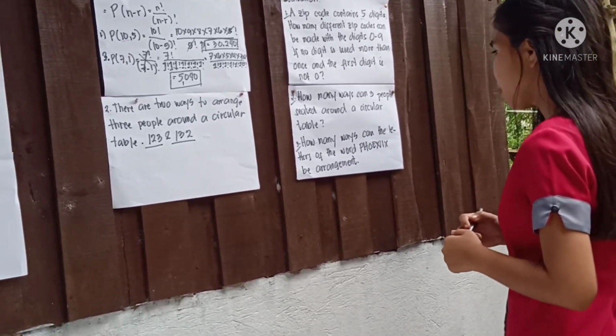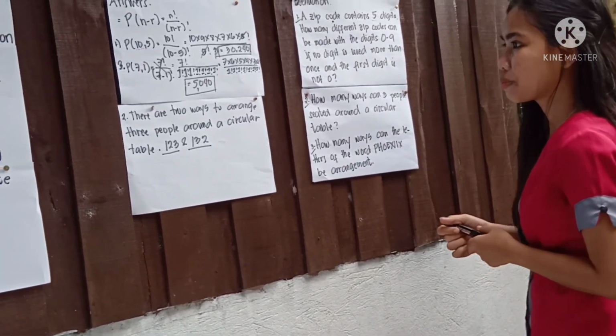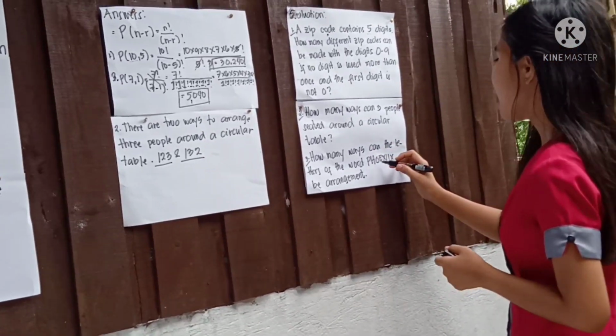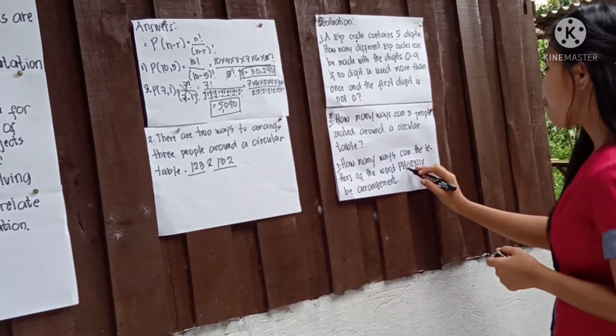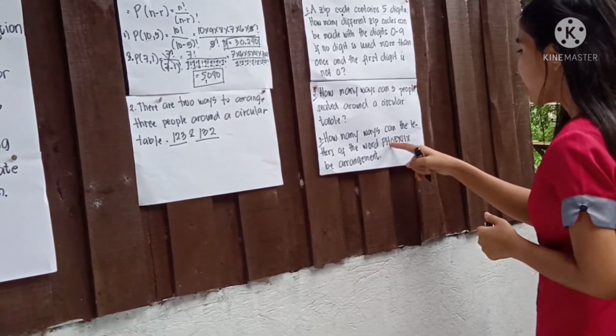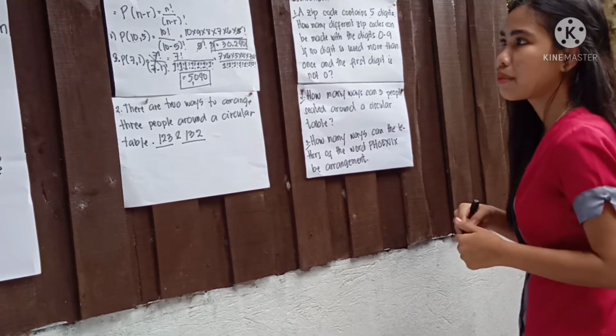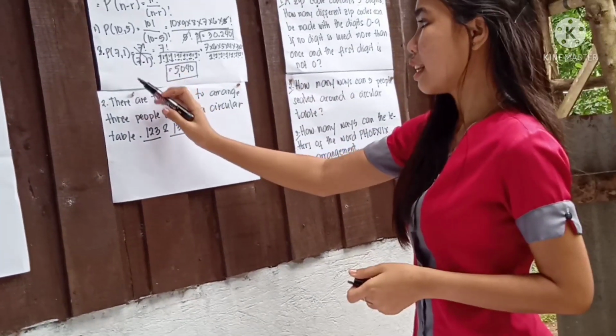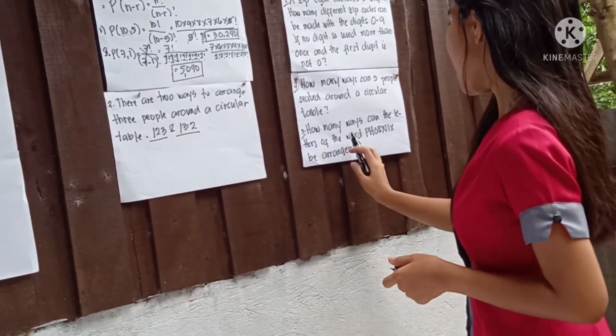The word phoenix has 7 letters, and there are no repeated letters, so each letter appears just once.